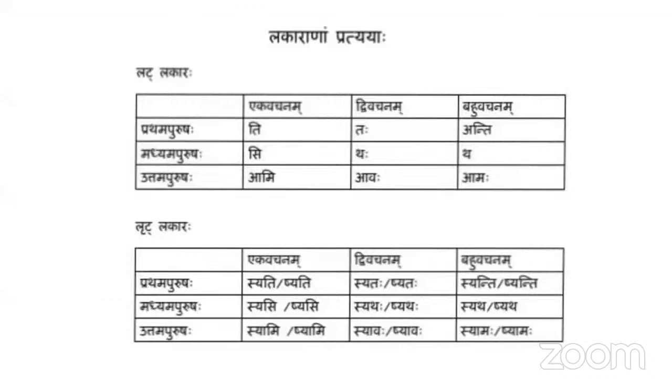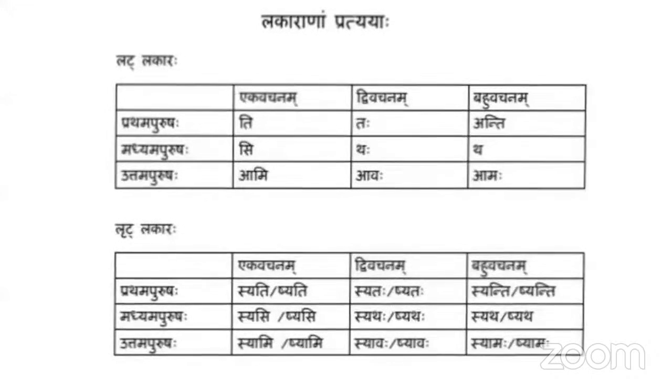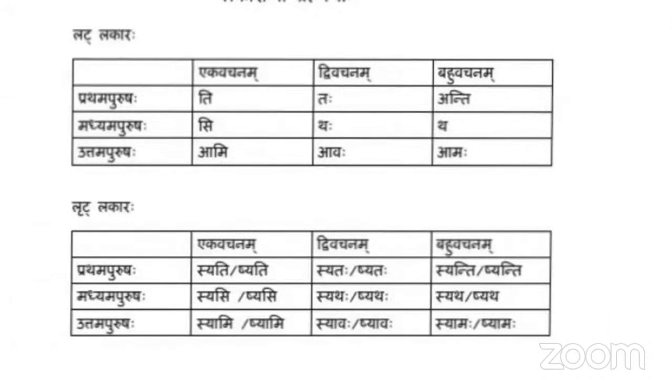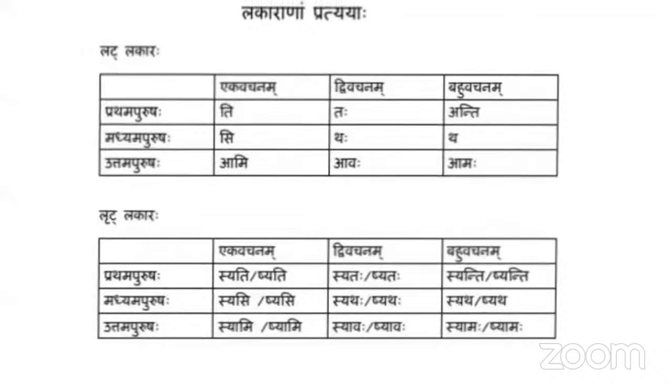Now we will go for the pratyayas or endings for every lakar. See, endings are given differently for the CBSE syllabus and slightly different for the SSC syllabus. So just go with your textbook. Whichever endings are given in your textbook, those only you have to learn.